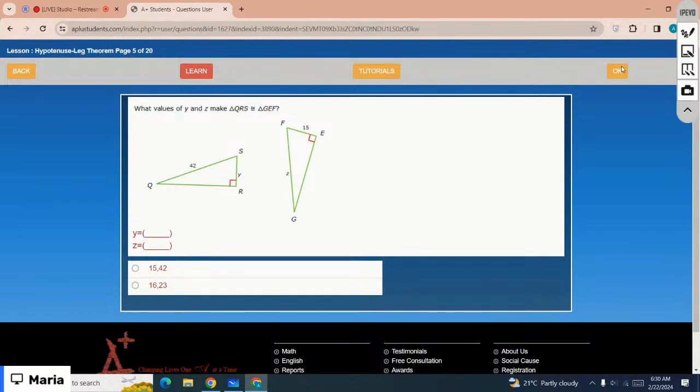That is option number 1, 115 and 42. Option number 1 is the correct option, right?